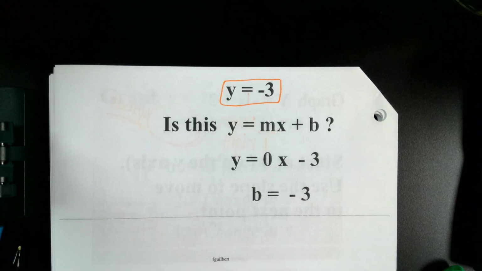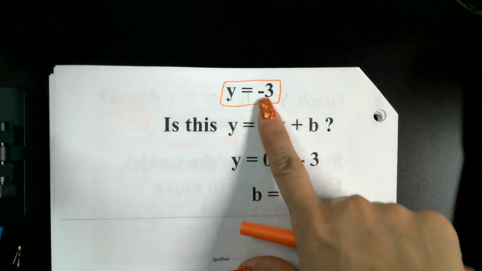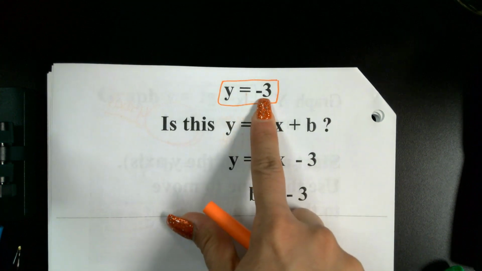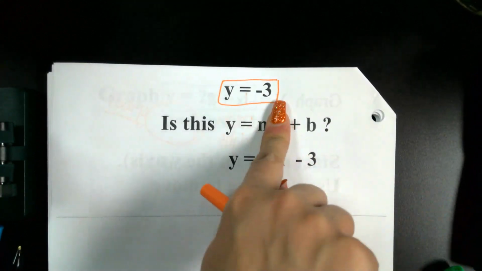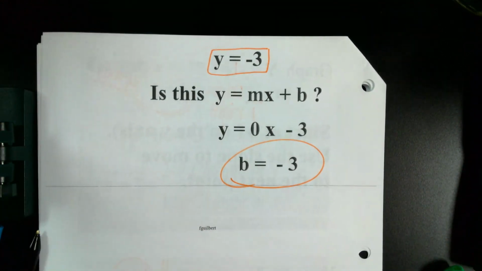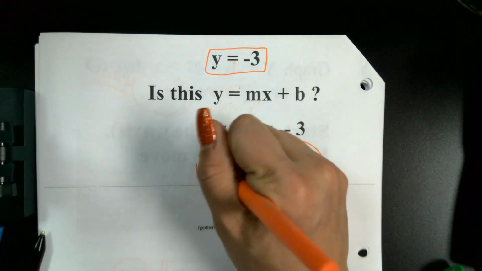There's only 1 number. We need to figure out, is this my slope or is this my intercept? Well, we said slope has to have what attached? Another letter. It would have the x attached, right? Does that have an x? No. Okay, so that's not my slope, which means it's my y-intercept. Yep, that -3 is the y-intercept.